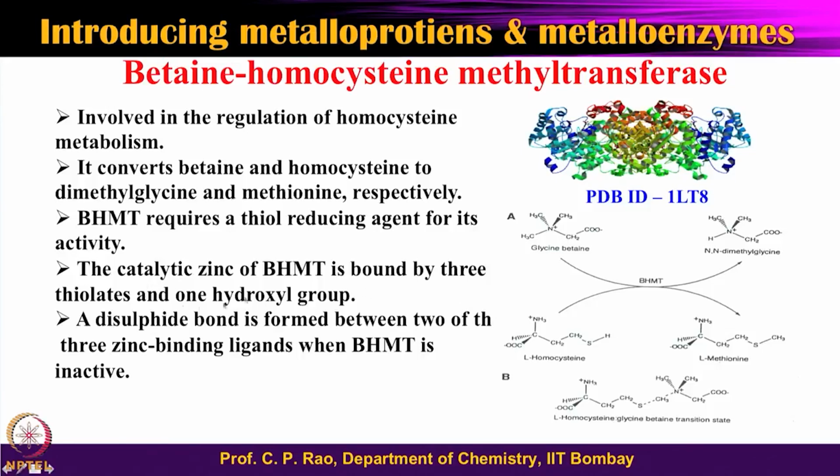So, this is again another case where the enzyme is undergoing reduction and oxidation, but zinc is not. So, what is going on here? It is the cysteine SH and the disulfide SS. What is the cysteine and disulfide relation?